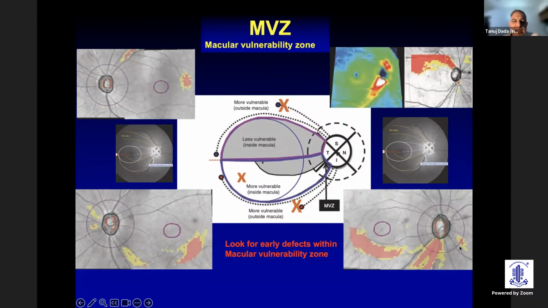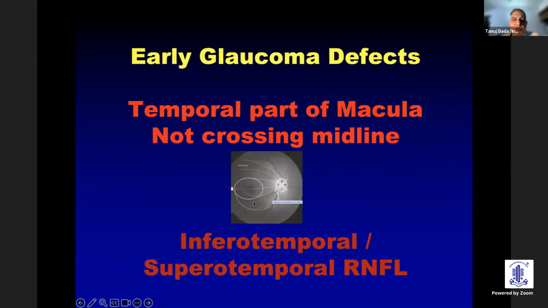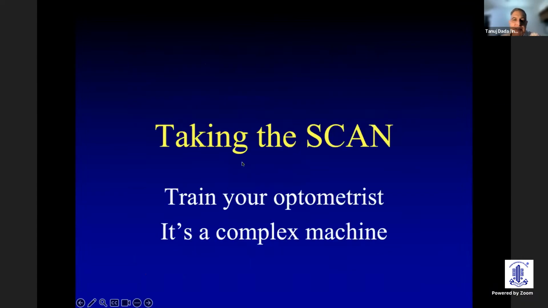So in any OCT scan, first look for inferior temporal defects in the macula and the RNFL, and then look for superior temporal defects. These are the two regions where you will get the maximum defects on the OCT, and these defects will never cross the horizontal meridian. So inferior temporal and superior temporal is the area where you will get early glaucoma defects.